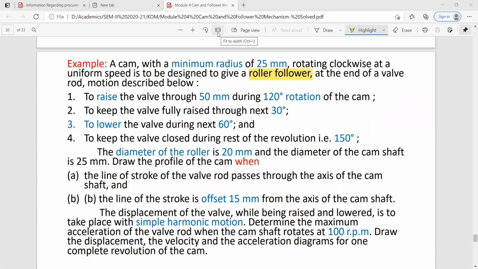Same problems you have to solve and submit. I'm not asking new problems. Same problems you have to solve again on drawing sheet and submit it. Let's keep it simple.